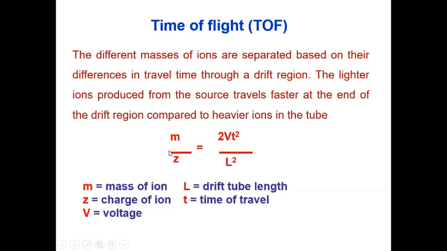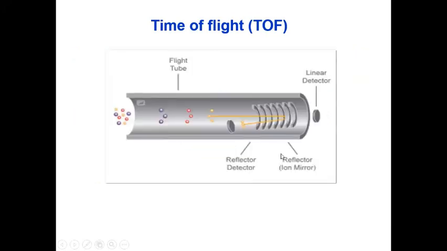The m/z of a molecular ion peak in time of flight depends upon the applied voltage, the travel time, and the length of the tube. We will see here the flight tube. The flight tube is a part of the time of flight analyzer. Suppose we see three types of different colors of molecular ion peaks ionized in the ionization source.